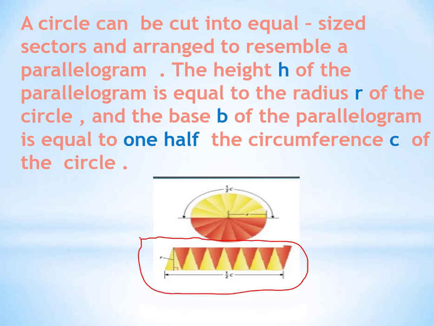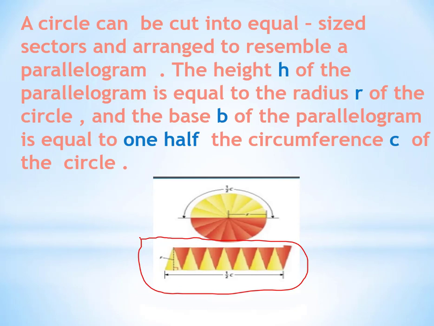So again, we draw lines in our circle and we divide our circle into 12 equal parts. And then we cut them with the scissors and we stick them in this shape. The shape we have here is what? The shape we have is a rectangle or a parallelogram.